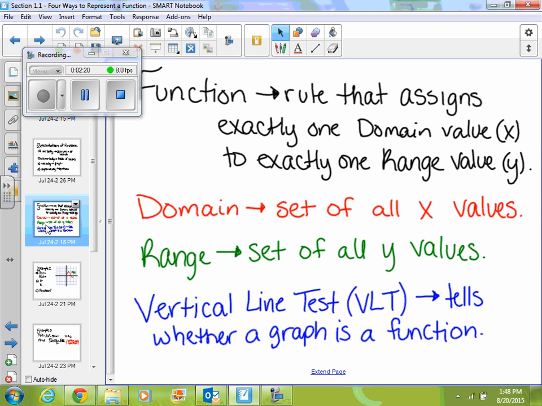Okay, and so let's look at what a function is. Let's review domain and range, and review the vertical line test.